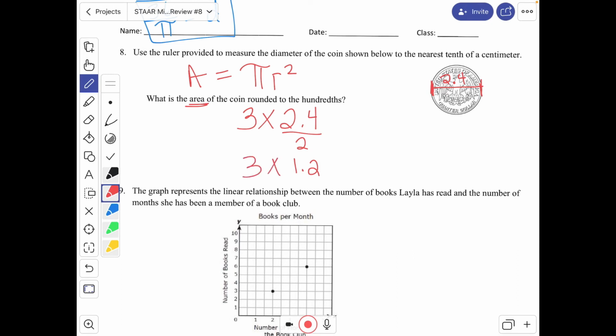1.2. And then we need to take that and square it. That means 1.2 times 1.2. So I'm going to work that over here. So then we have 1.44 times 3.